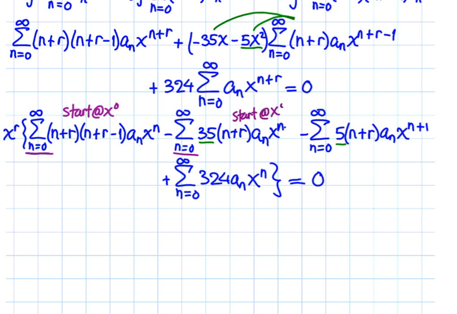The next one, n equal to 0, we have x to the n plus 1, so this one starts at x to the first, and the last one will start at x to the 0 power. So x to the 1 is the highest one, so we're going to keep that, which means we have to split out a bunch of terms.